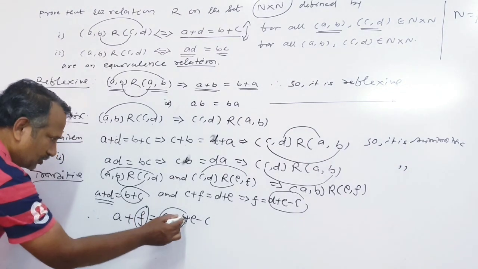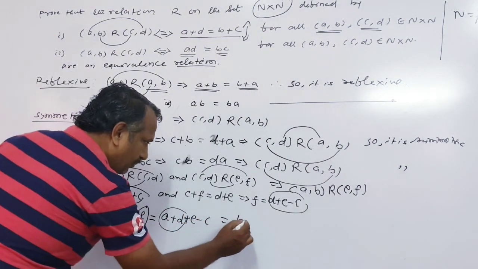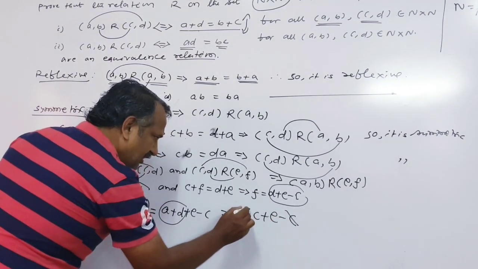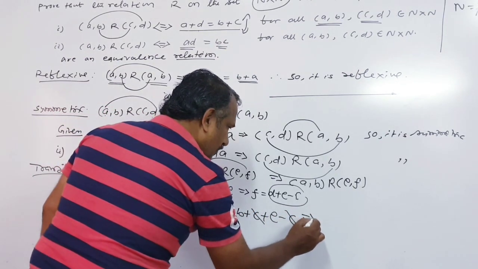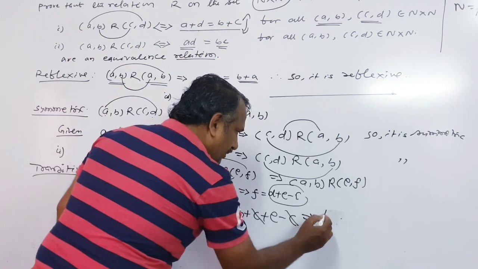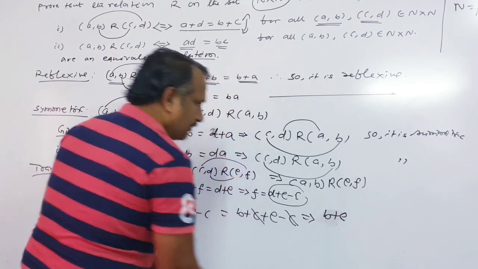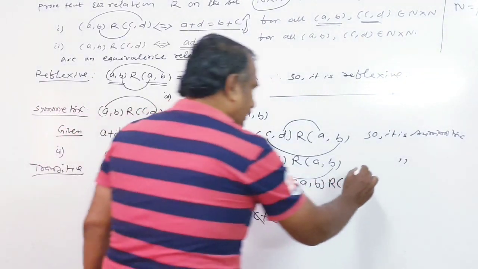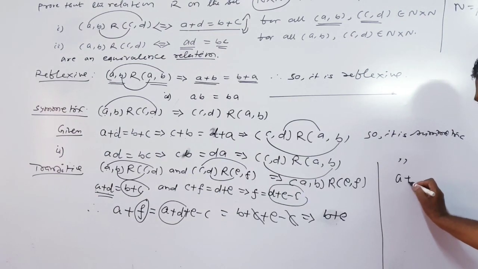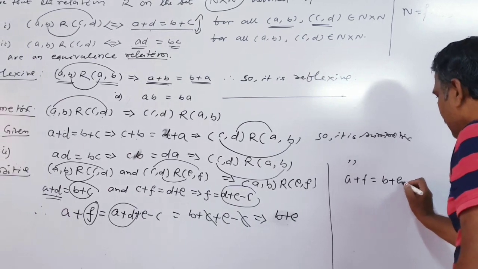Now you substitute a plus d equal to b plus c. Now b plus c plus e minus c. Now c cancels out. So b plus e. Okay, that means here a plus f equal how much? b plus e.